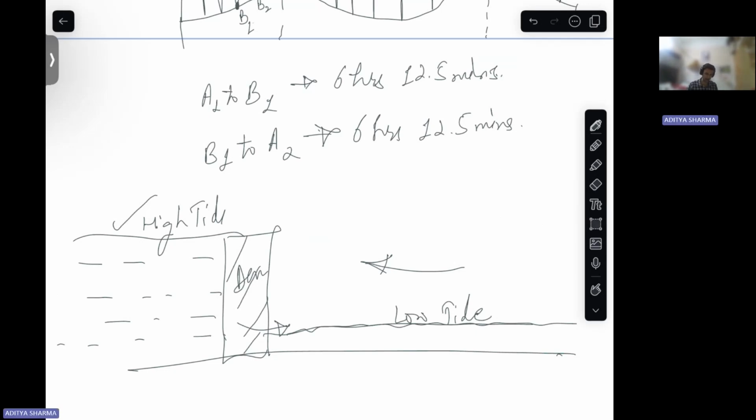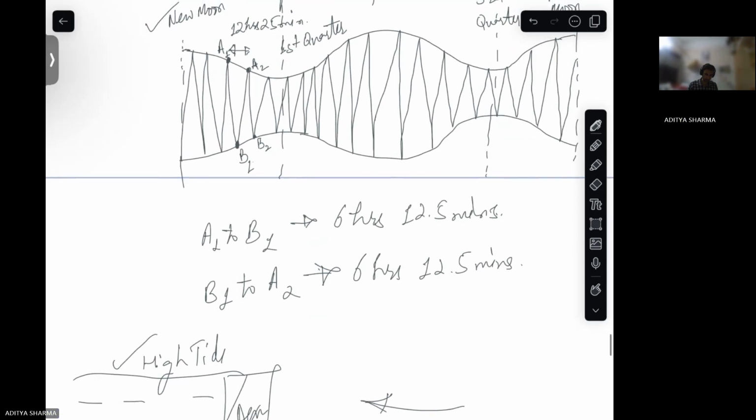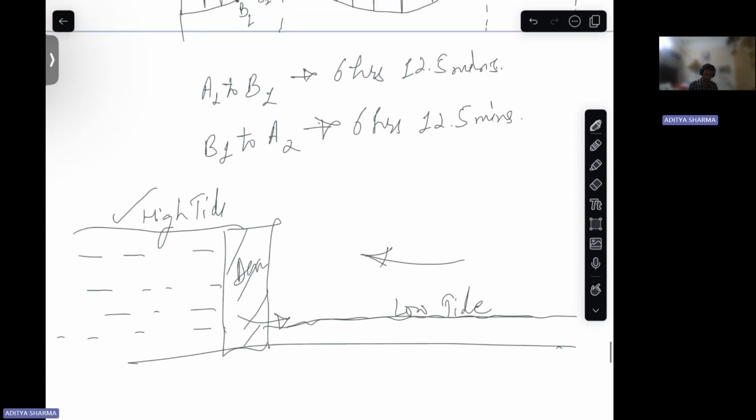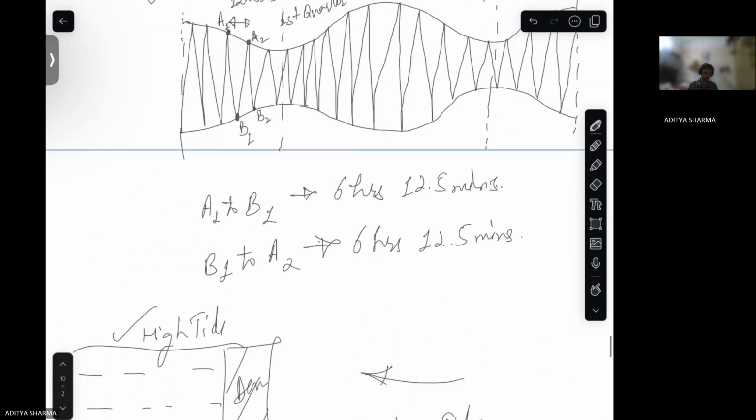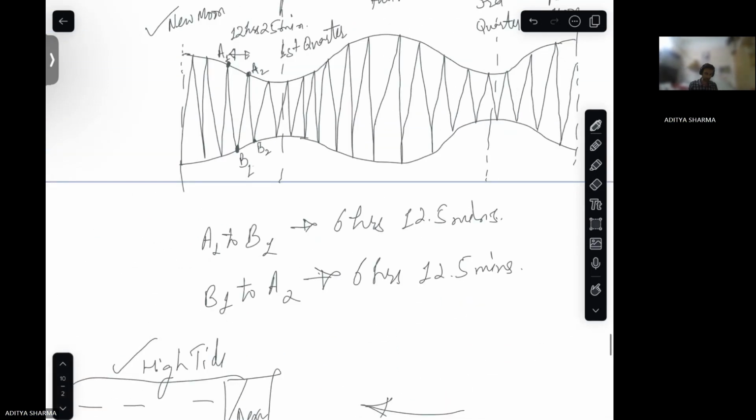So that basically is high tide and low tide. A1 to B1 is high tide to low tide, so it takes 6 hours, 12.5 minutes. Then again, low tide, you'll have to go to high tide again.